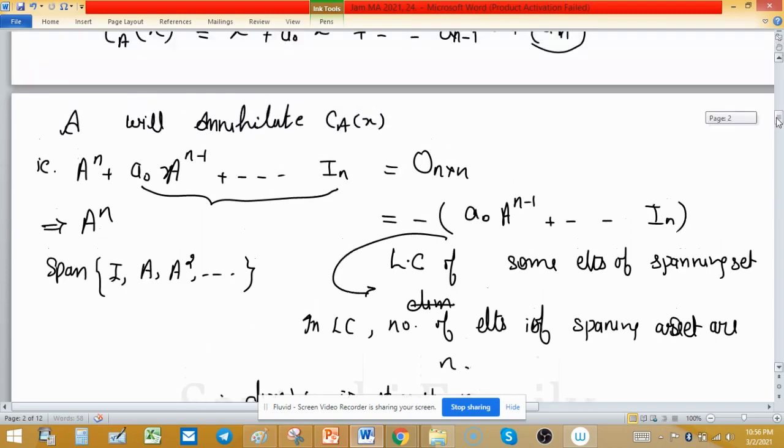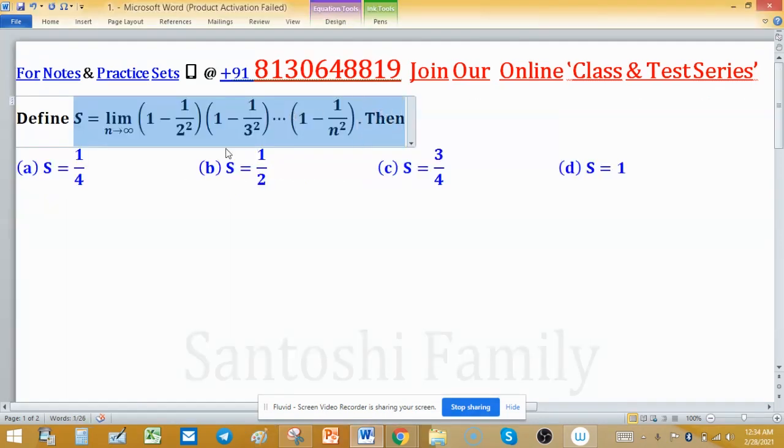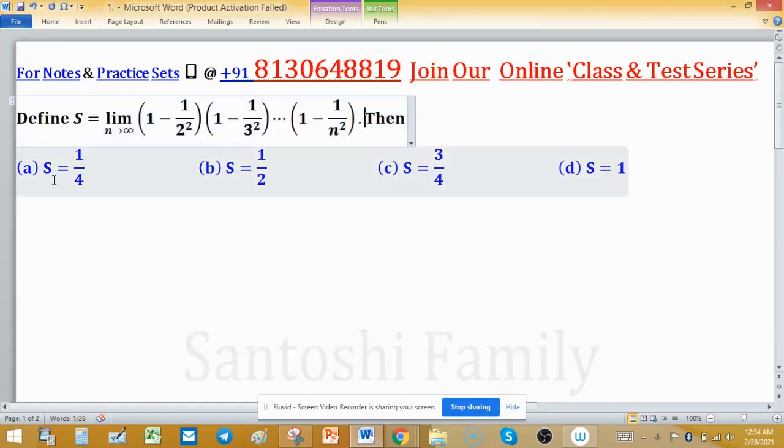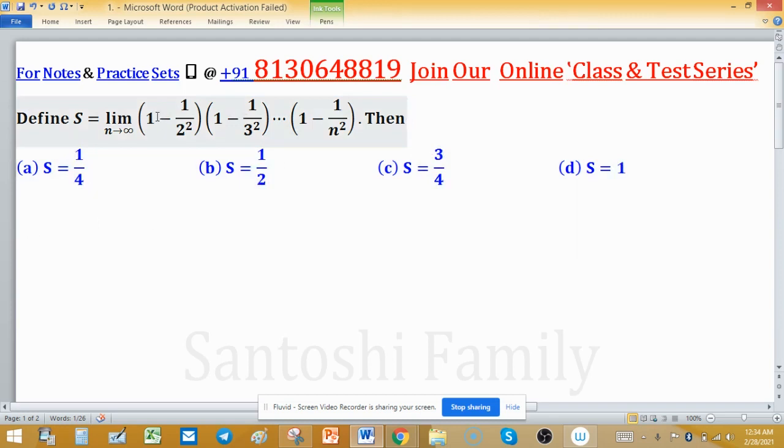So by this theoretical approach or sufficient explanation, we reached the point: the dimension of W over R is at most n, equal to the limit of this, then s equal to 1 by 4, s is half, s is 3 by 4, and s is 1. Now focus on this.